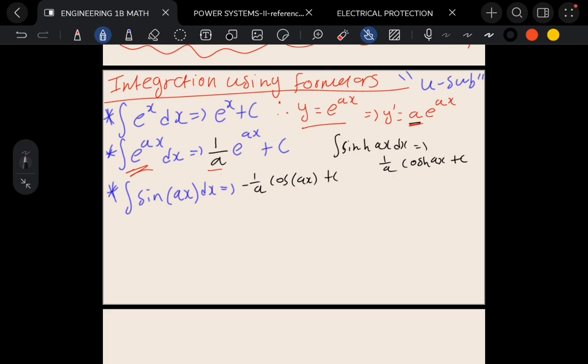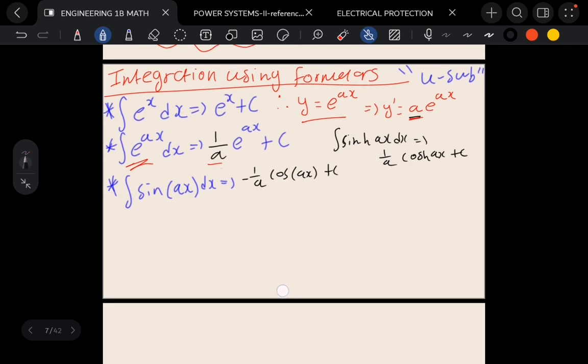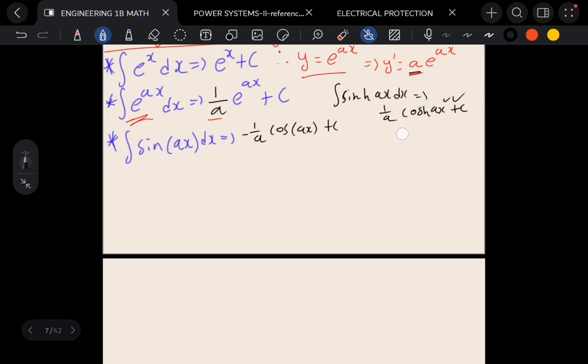These are the rules that are developed using the U sub. So when you see this particular thing in an exam, go straight to an answer. Do not try to use the U sub. Yes, indeed, the integration technique that is used here is the U sub, right?